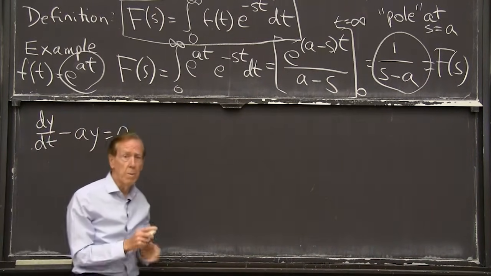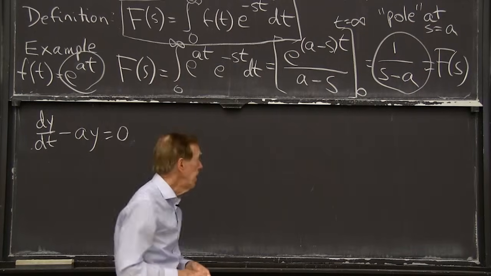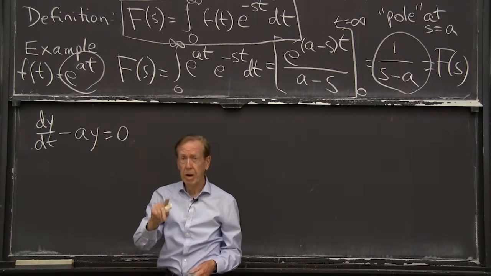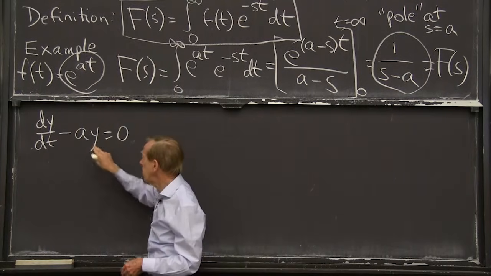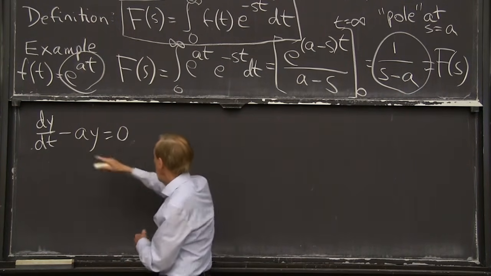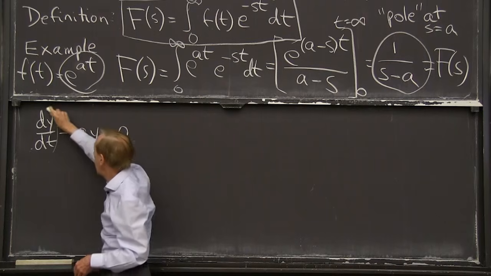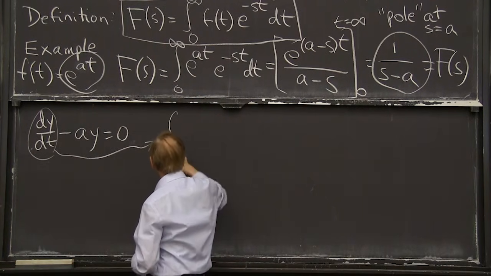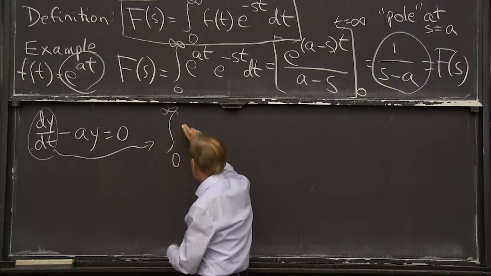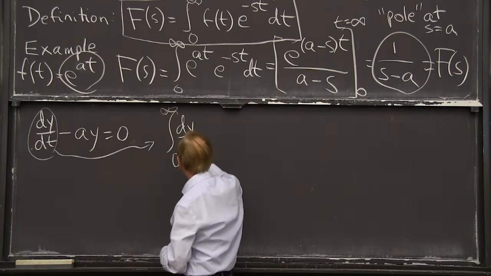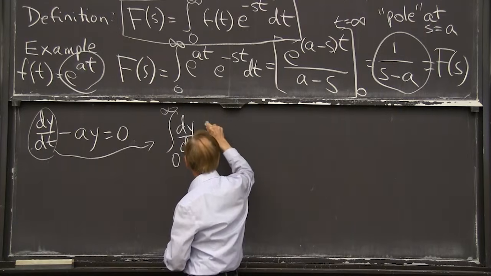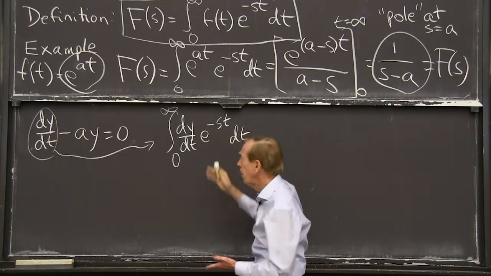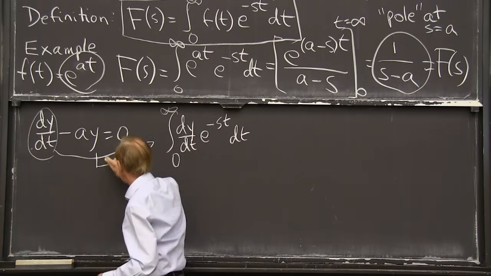Oh, I have to do one more transform for you. I'm hoping that the transform of the derivative, dy dt, connects to the transform of y. So the transform of this guy is the integral from 0 to infinity of that function, whatever it is, times e to the minus st dt. This is the Laplace transform.